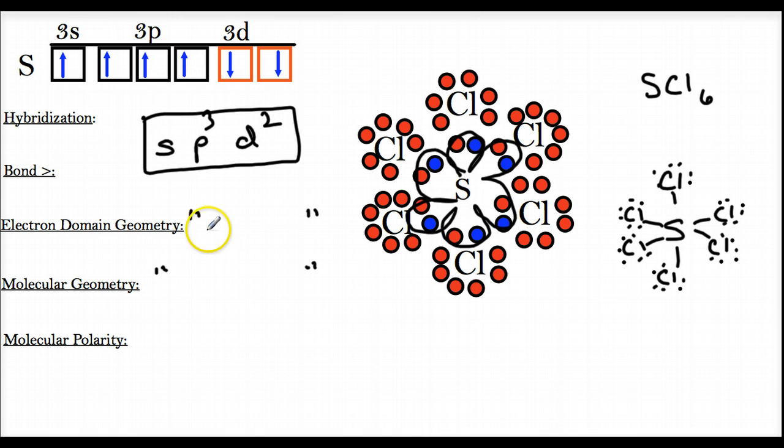Tough to draw, but again, if you look at the balloon demo I did by blowing them up, you can see how this model looks like an octahedral. Now, why? Well, essentially you have an axial, this would be the sulfur. Then you have basically a plane square and X in the middle.